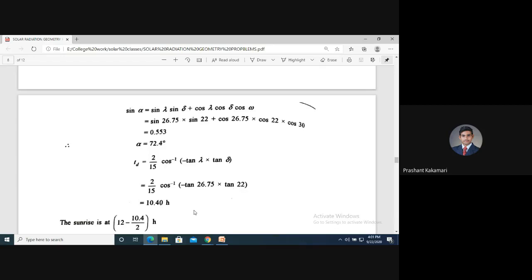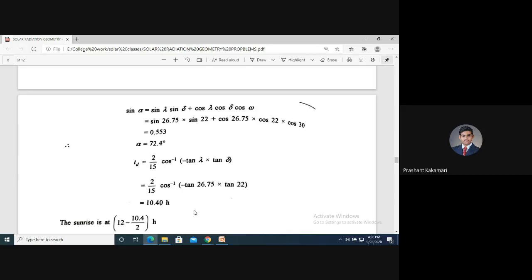Similarly here, they take 12 as the reference, that is the zero angle or the 12 hours. So from 12 hours, what was the sunrise time? I can divide the total day length into half, assuming that one half is the forenoon before 12 noon and the other half is the afternoon. That is why they have taken 10.4 by 2.